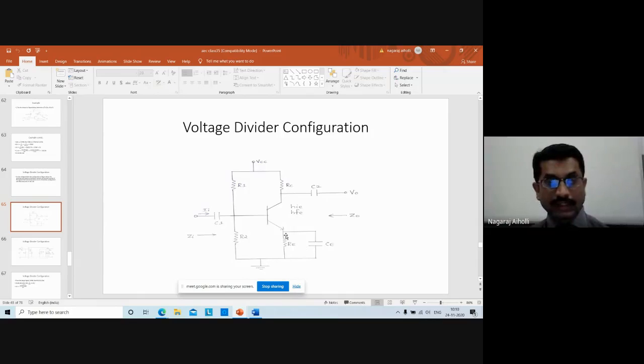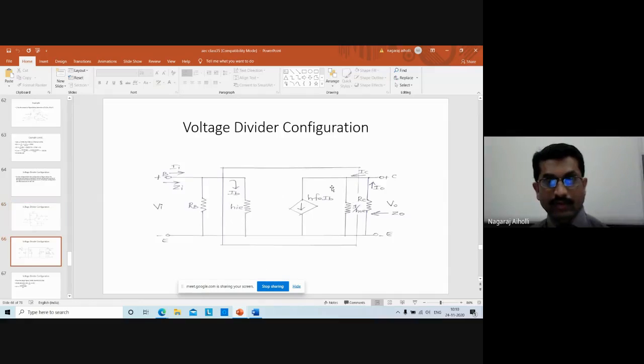Hence the value of RE is not considered in the approximate hybrid model. Therefore, we have drawn this without considering the value of RE.